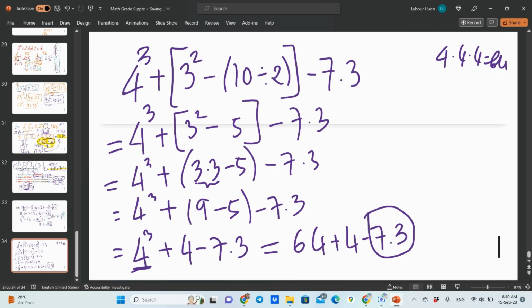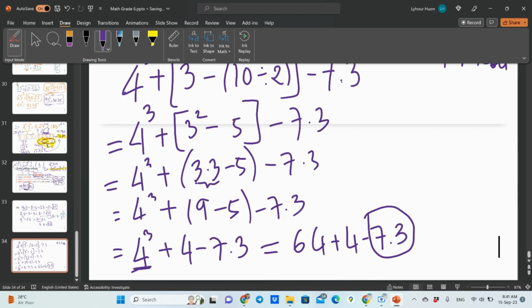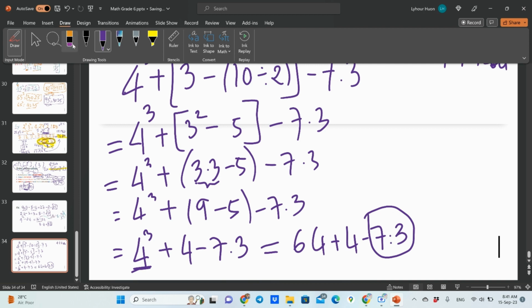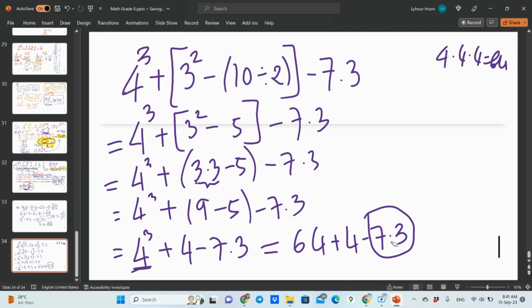I thought that was 7.3. Oh, okay, it's 7 times 3. So we do 7 multiplied by 3 first, because if you do the addition first, you get confused with the minus 7 and it's an error.